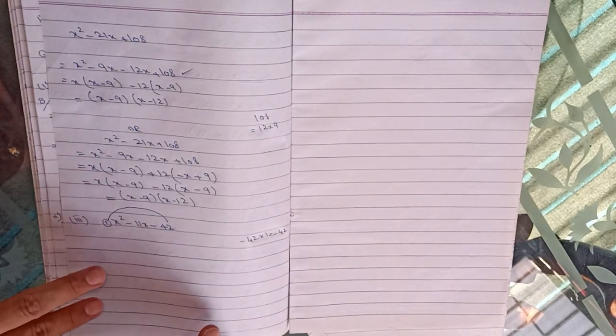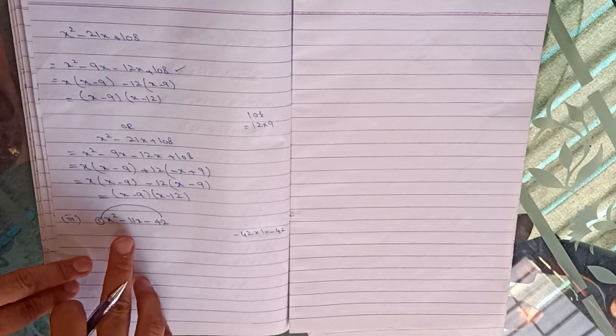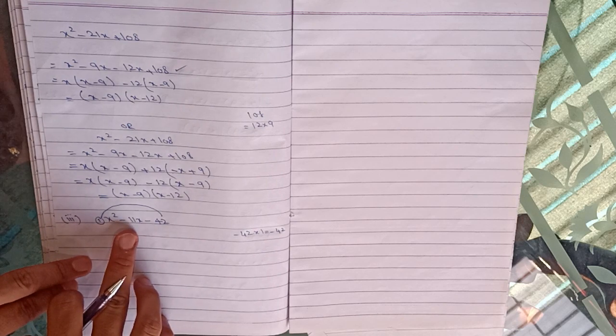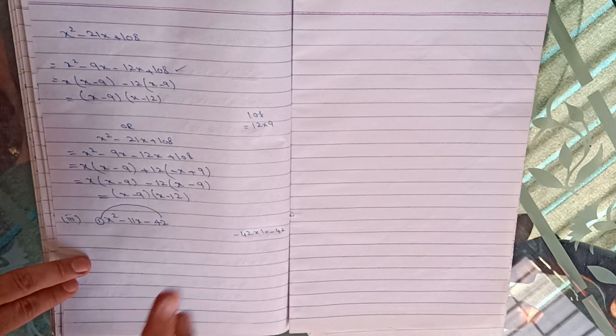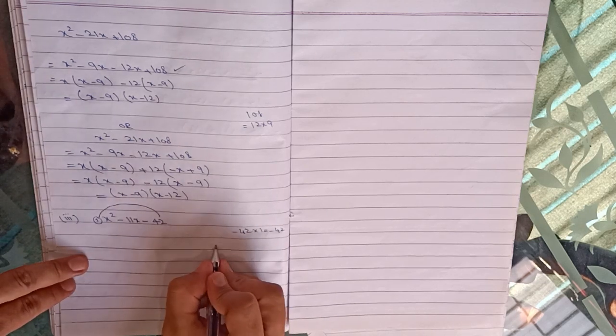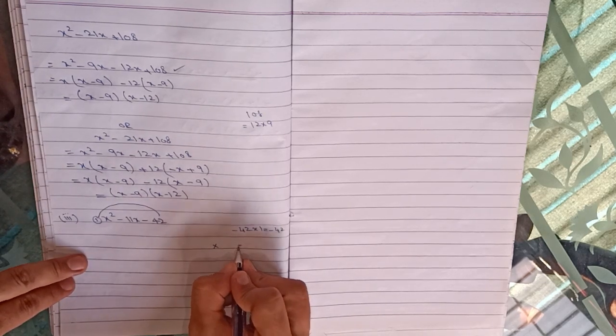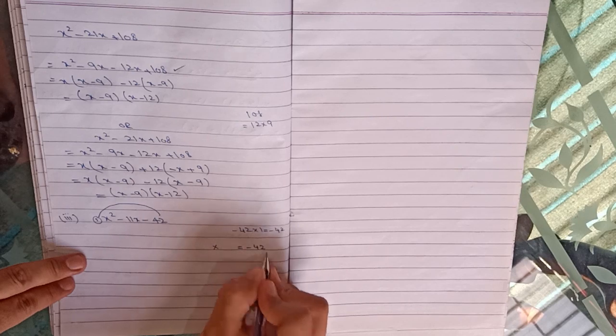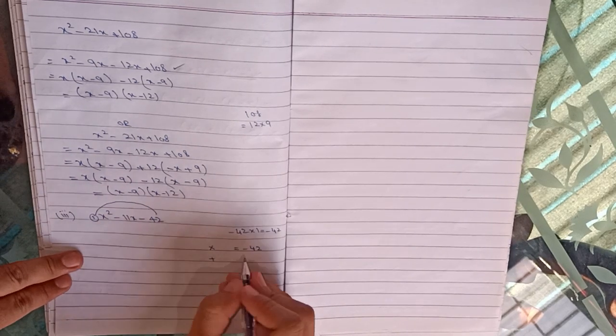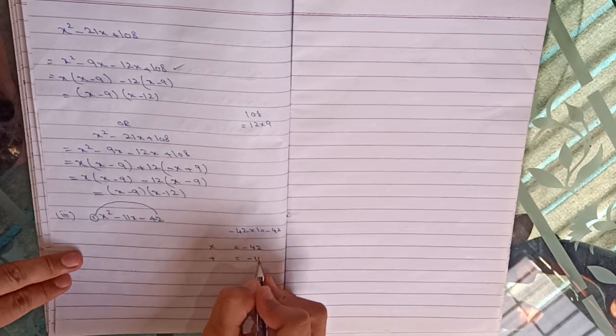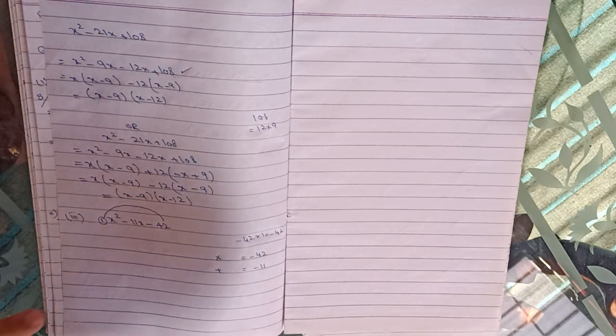Now we need to select two numbers whose product is minus 42 and whose sum is minus 11. We will need to select two numbers whose product is minus 42 and whose sum is minus 11. For this, we need to see the factors of 42.